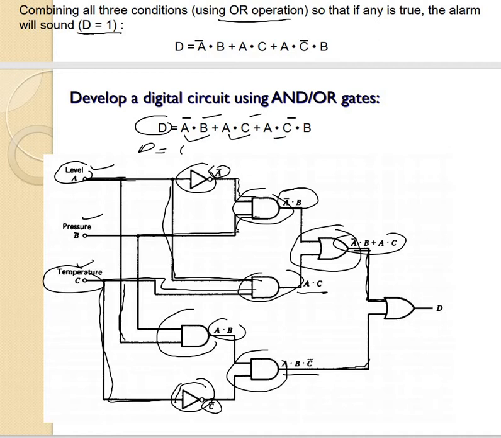This one also, and lastly will be the summation of D. Okay, I hope you can understand how to develop a digital circuit using AND or OR gates.